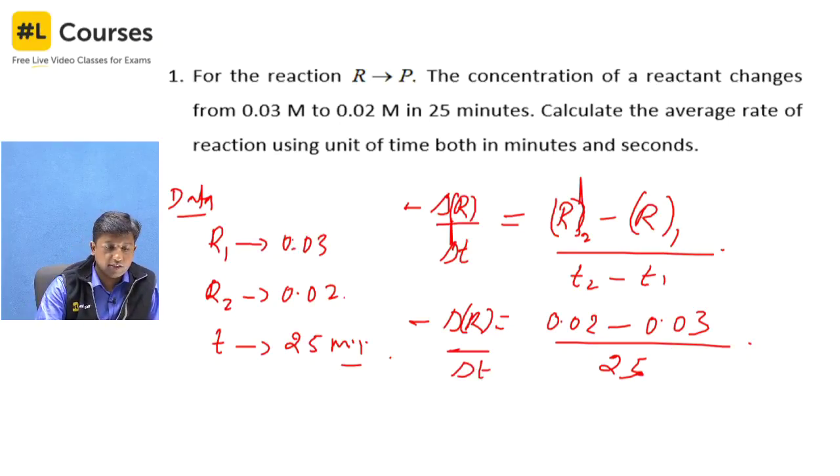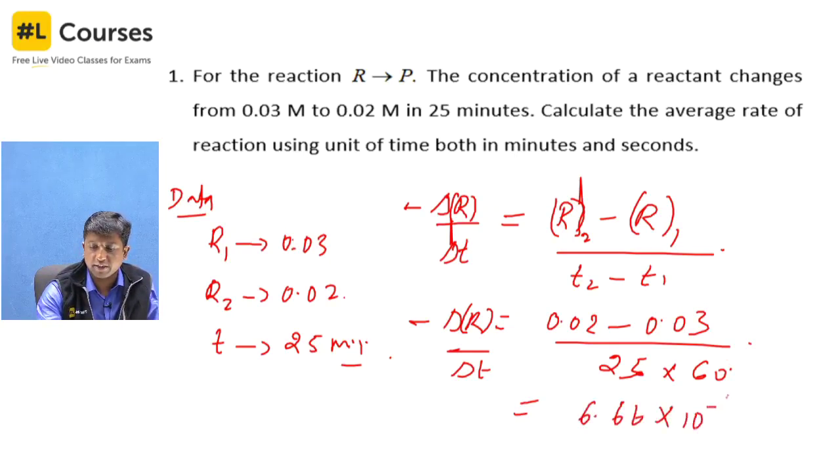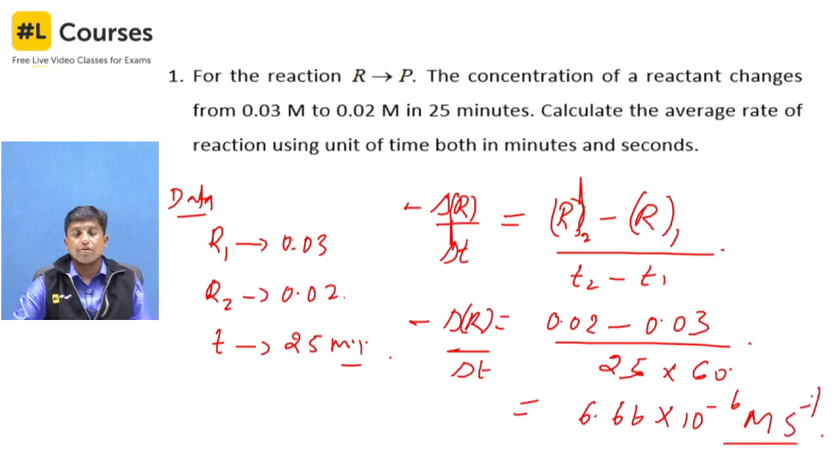If you want to convert that into seconds, multiply by 60. We know that 1 minute is equal to 60 seconds. So if you simplify this, you are going to get the answer 6.66 into 10 power minus 6 molar per second. So this is the answer for the first problem.